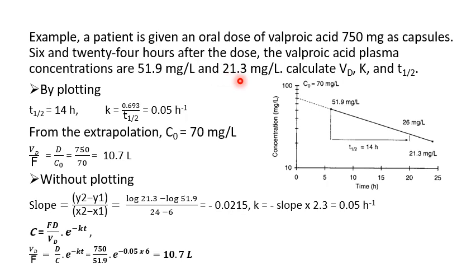So following the administration, at 6 hours and 24 hours, plasma concentrations are 51.9 and 21.3. We can plot these plasma concentrations on a semilog paper.